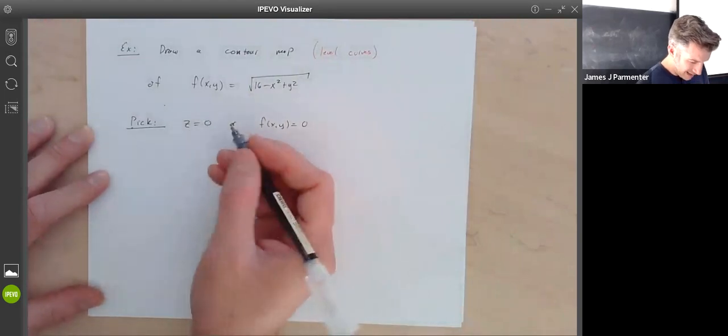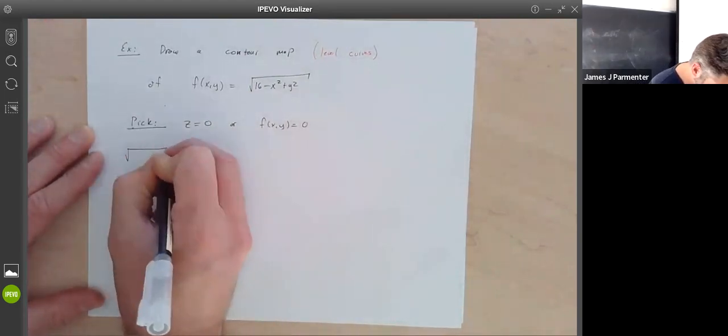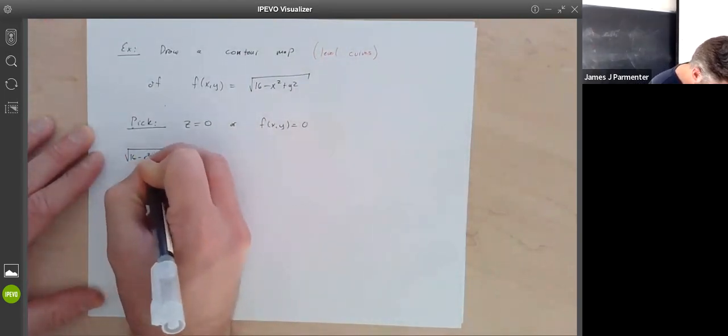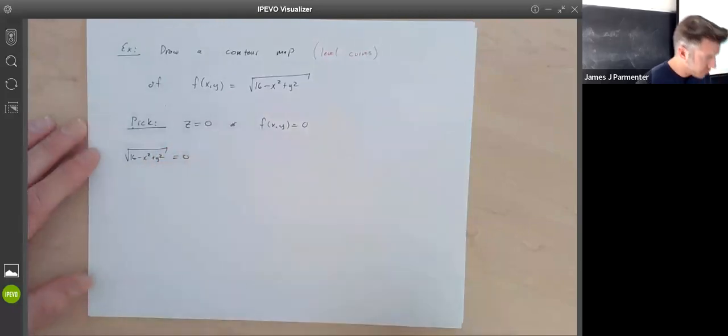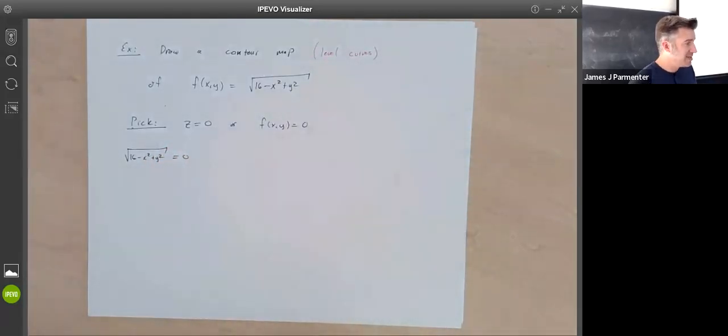So if I do that, here's what I get. I get the square root of 16 minus x squared plus y squared equal to 0. And now I would like to turn that into an equation that I can recognizably graph. So I'm going to square both sides.